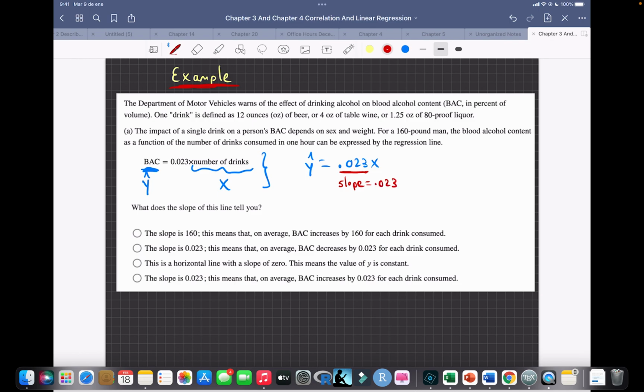So the slope is 0.023, means that on average the BAC decreases by, no, increases, because the slope is positive. If the slope is positive, the relationship between the two variables is, as one is increasing, the other one is also increasing. So we have to look for the option, this one. The slope is 0.023. This means that on average the BAC increases by 0.023 for each drink consumed.